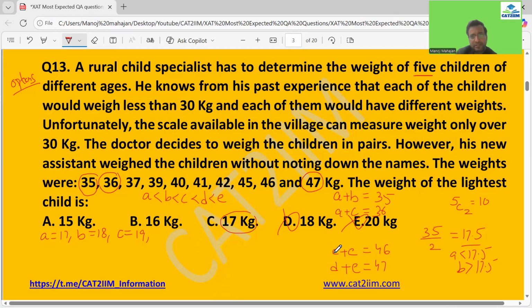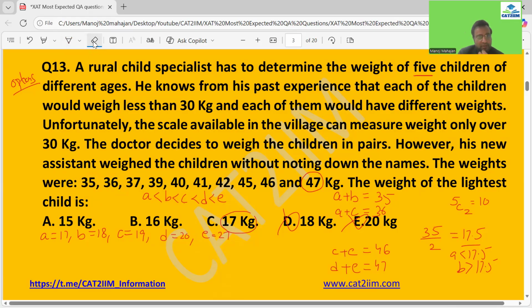And if C is 19, so 46, if I subtract 19, what I get is 27, the value of E, the heaviest, right? And if E is 27, what do I get D as? 20. So we have to see whether the assumption is correct or not by making all the possible scenarios out here.